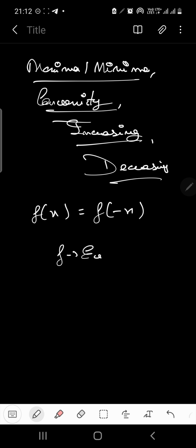Now we know about the odd and even function cases, right? If you have a function f of x and it equals f of minus x, then f is said to be an even function.